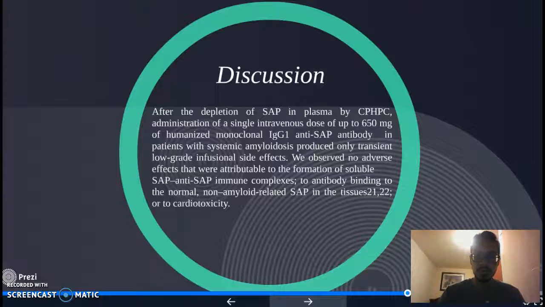We observed no adverse effects that were attributable to the formation of soluble SAP anti-SAP immune complexes, the antibody binding to the normal non-amyloid related SAP in the tissues, or to cardiotoxicity.